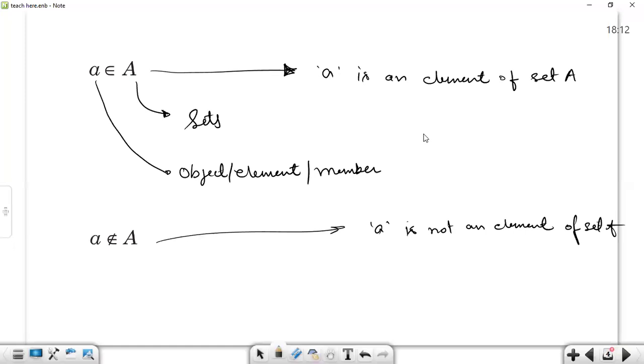We can also write it another way, but it's not generally written like that, so prefer writing in this format. Understood?